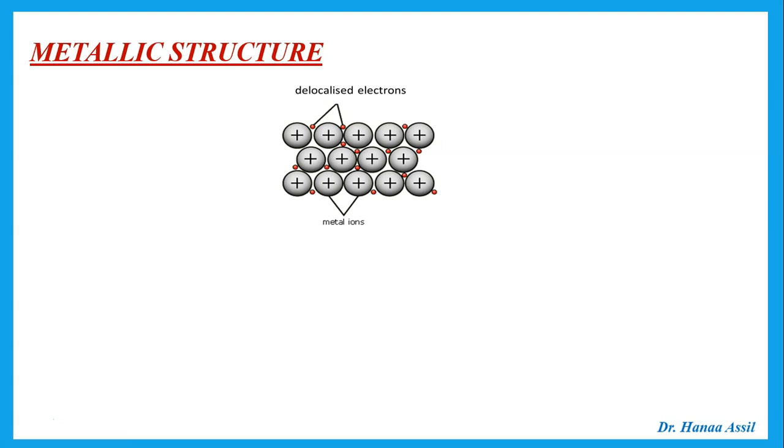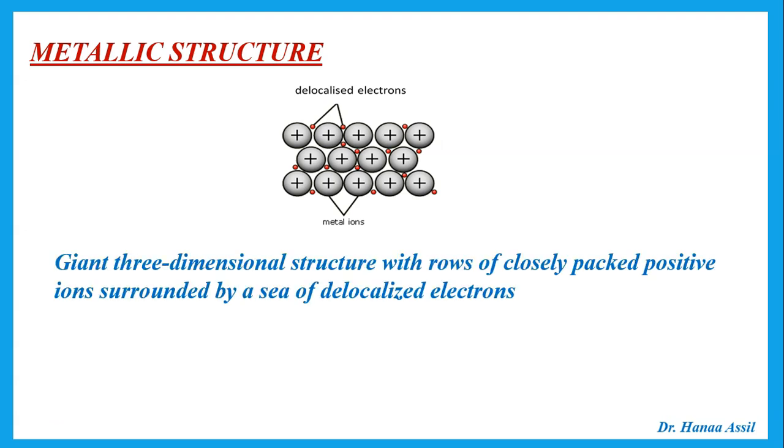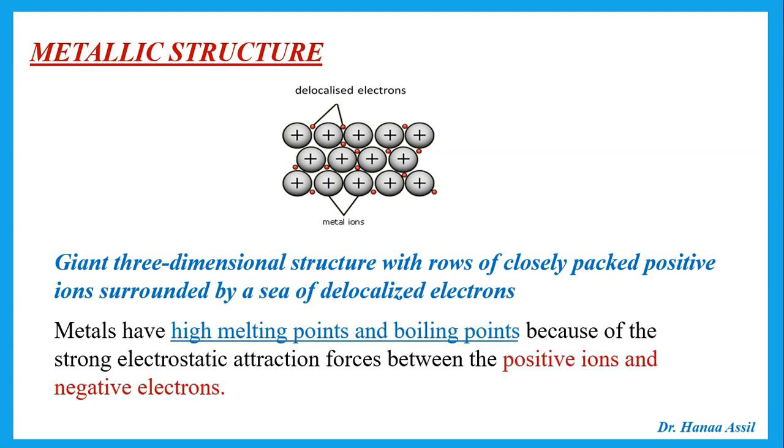If we want to describe the structure of any metal, it is a giant three-dimensional structure with regular rows of closely packed positive ions surrounded by a sea of delocalized electrons. Each of these atoms has one, two or three electrons in its outer shell. It doesn't really want them, so these outer electrons are just floating around; we say they are a sea of delocalized electrons.